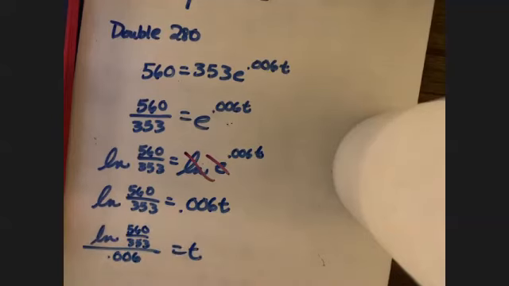So natural log of 560 divided by 353, and then divide that by our 0.006.